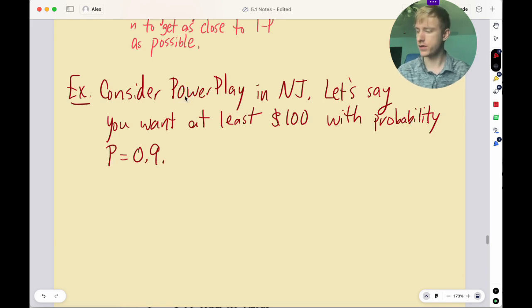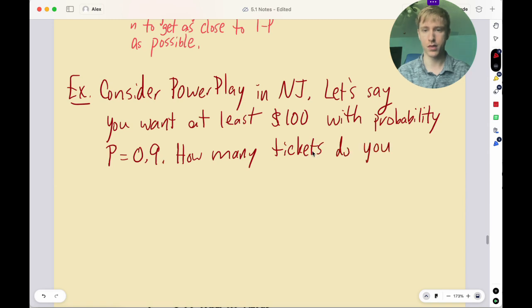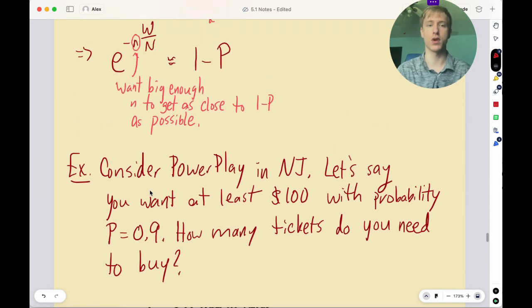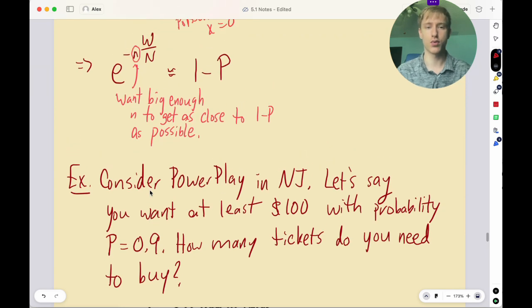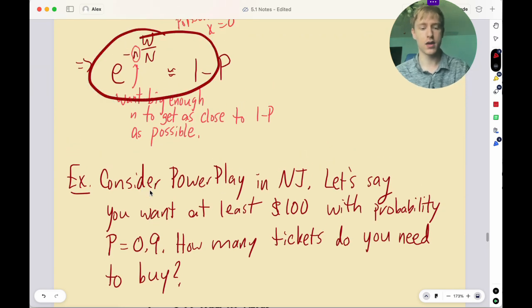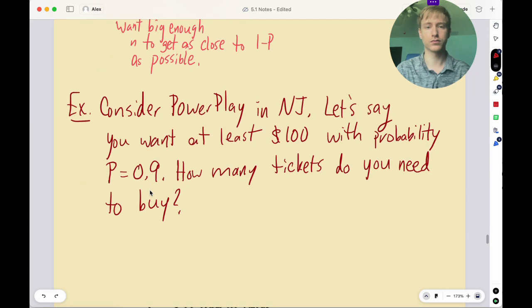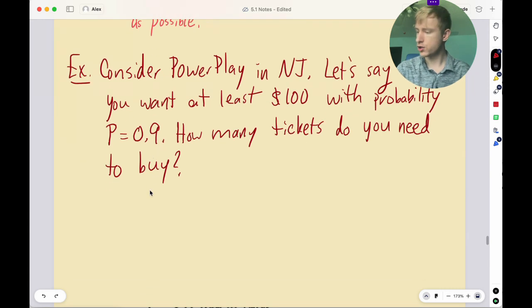Okay. So how many tickets do you need to buy? This is pretty straightforward, right? I'm just going to copy this down. I should probably give you the data as well.